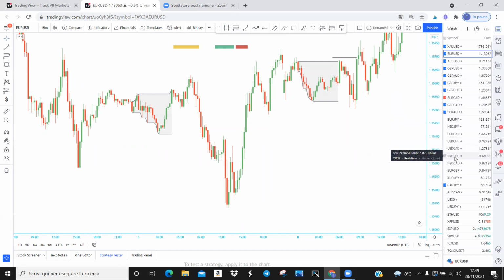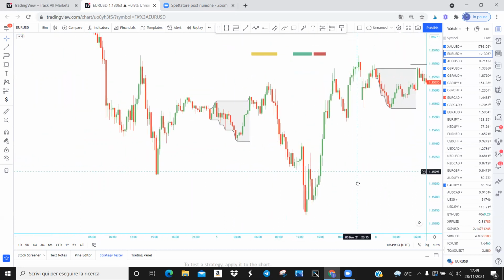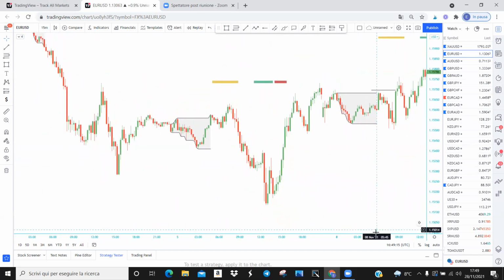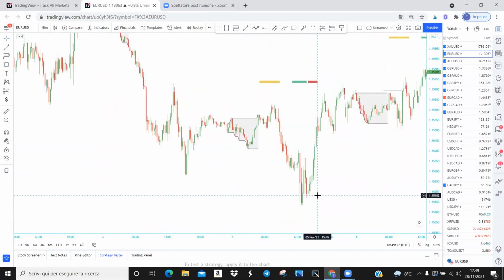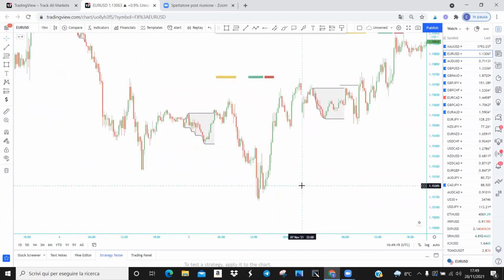And if you want USD CAD, maybe NZD USD too, but I would prefer USD CAD. So get these indicators in your chart, start backtesting, start getting your eyes trained.